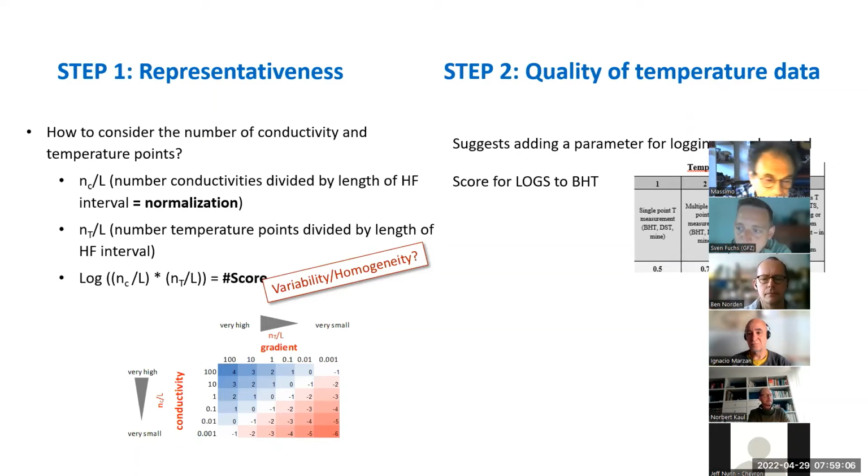But obviously, with a thermistor used for continuous logging, depending on your sampling rate and the speed of logging, you can have a much higher resolution in the centimeter area, for example.